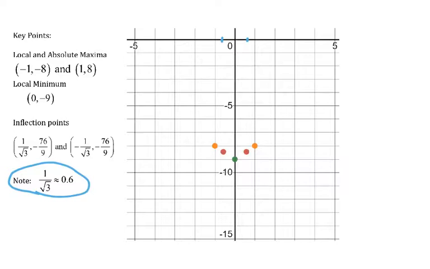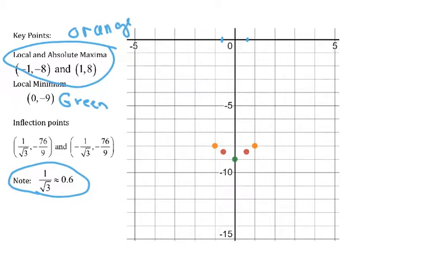The green point here is at 0, negative 9. That's the local minimum. The orange are my maximums. They're local and absolute max. And then the inflection points are in red. So this is a minimum, and I'm concave up, and then I turn and become concave down, and I'm just sort of doing a little sketch, something like that.